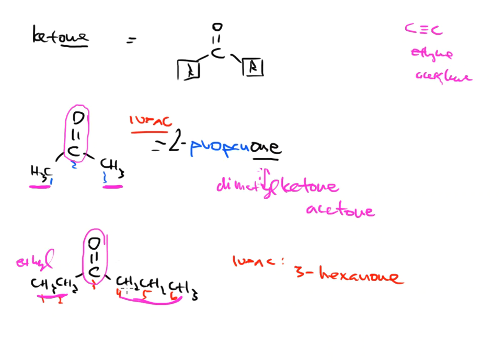And then there's a three-carbon chain, which is going to be called propyl. And it's just my job now to put them in alphabetical order. That's one of the things that we've always done with IUPAC. So E comes before P, and that means that the common name here is going to be ethyl propyl ketone.